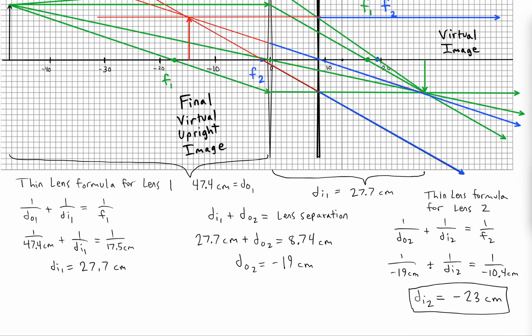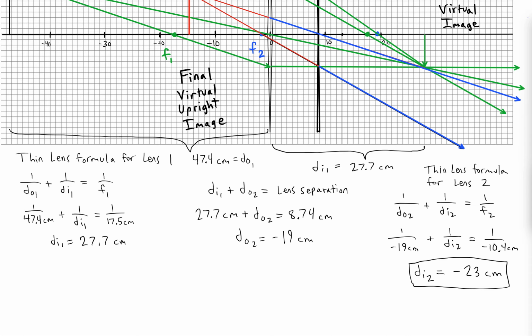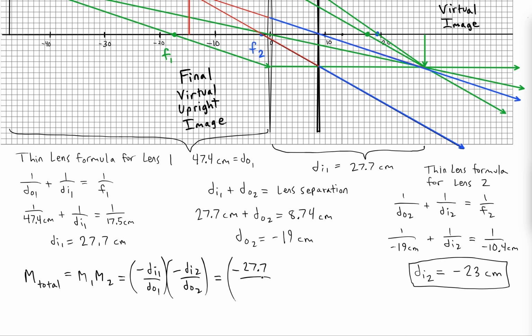All right, lastly, we'll just find the magnification of it. M1 times M2, negative DI1 over DO1 times negative DI2 over DO2. So 27.7 over 47.4, negative 23 over negative 19.